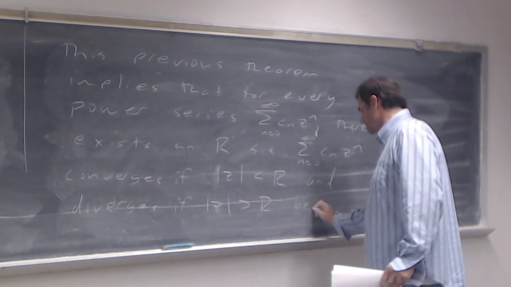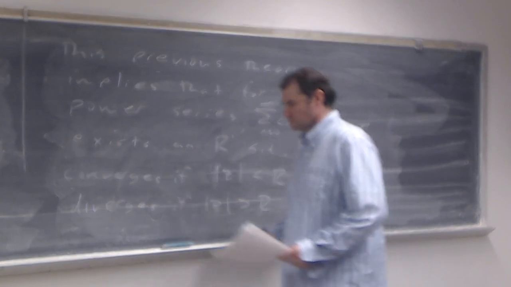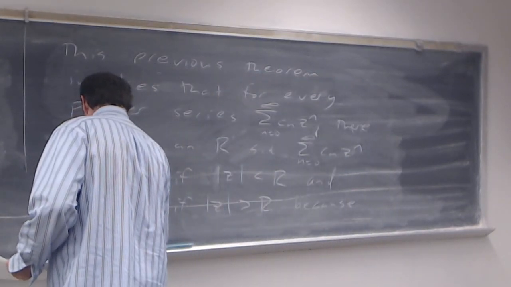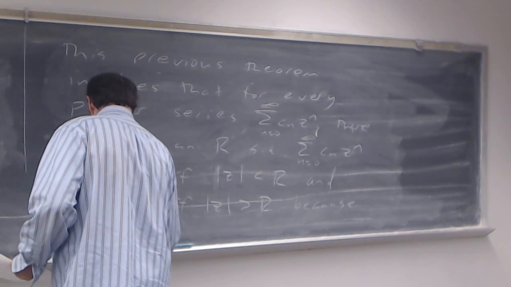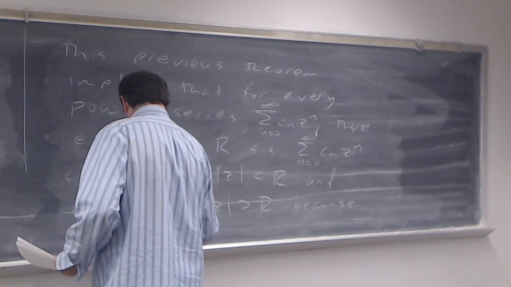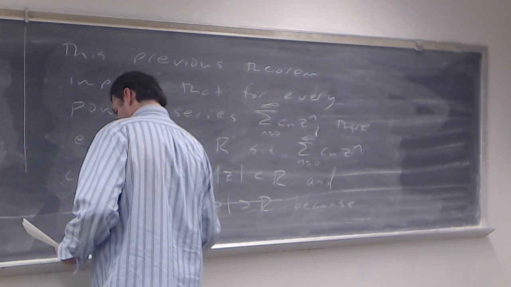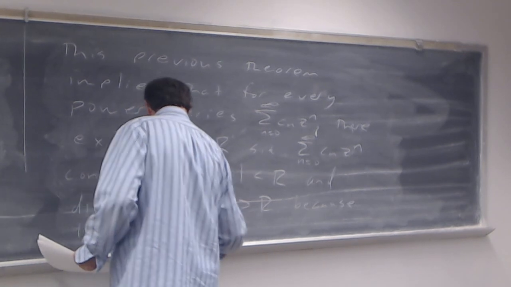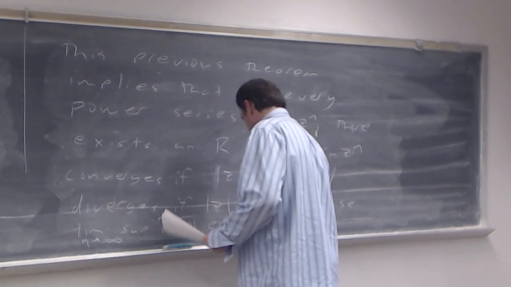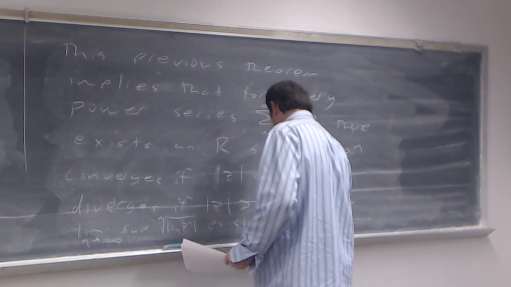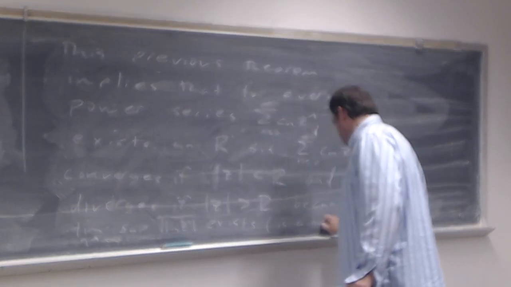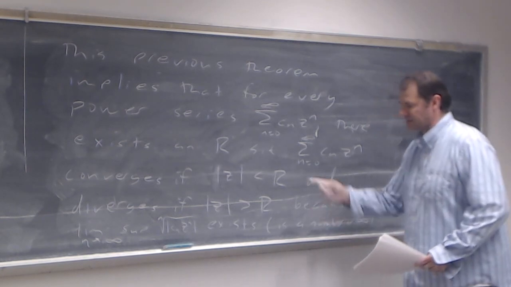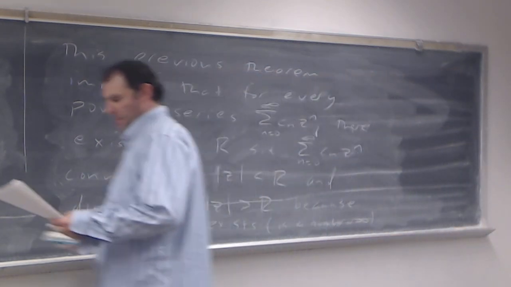Because, as I said, this lim sup of the nth root of the absolute value of c sub n times z to the n exists. And in this case, it's a number or infinity. Remember, it can't be minus infinity because we're talking about positive quantities here.